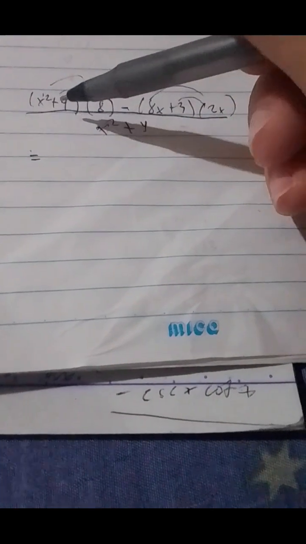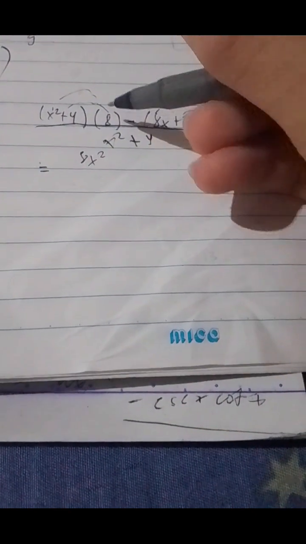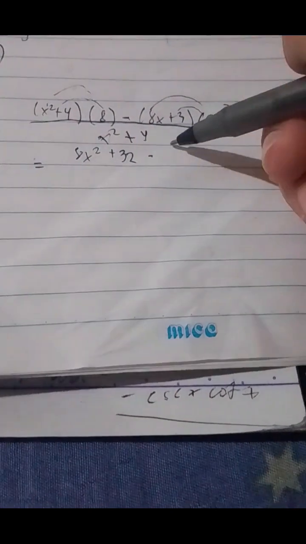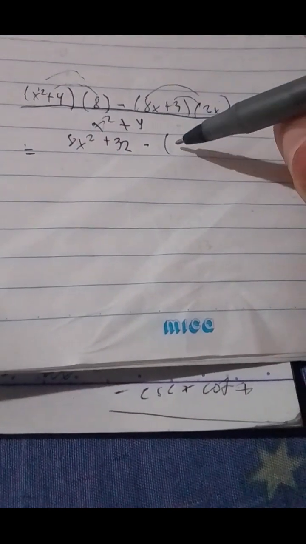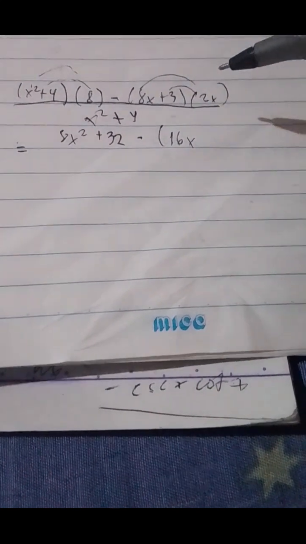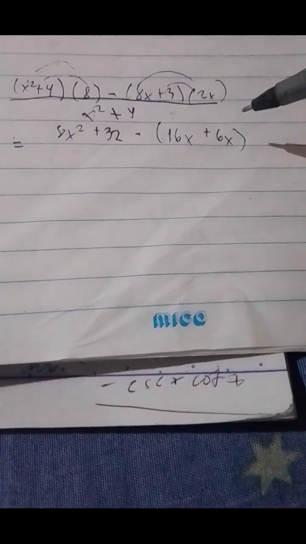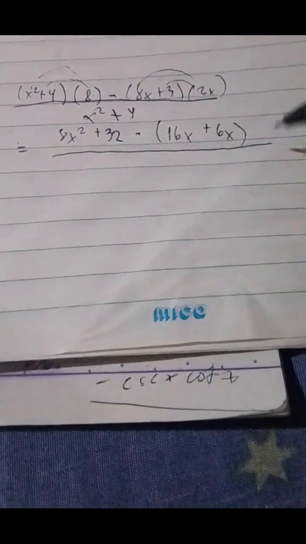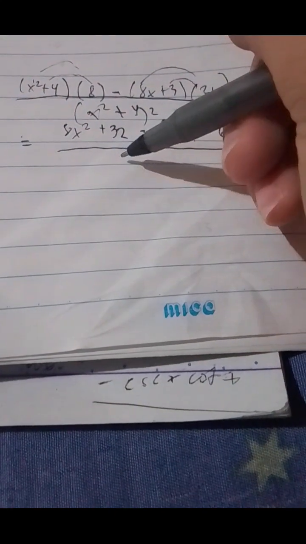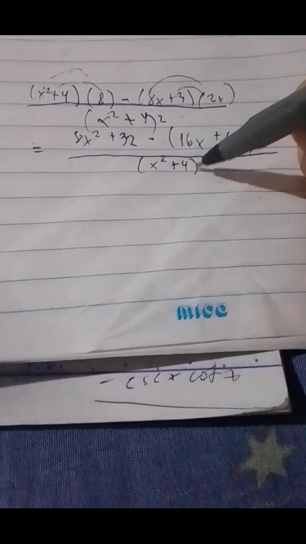So 8 times x squared becomes 8x squared. 8 times 4 equals positive 32, minus 8x times 2x, which is 16x squared, and 3 times 2x equals 6x, over the square of the quantity x squared plus 4.